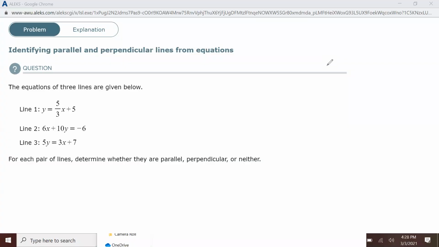To determine the answers to these, we need to know the slopes of each line. To do that, we must have y by itself in each equation. In the first equation, the slope is 5/3. I know that because y is already by itself. In the second equation, I solve for y.